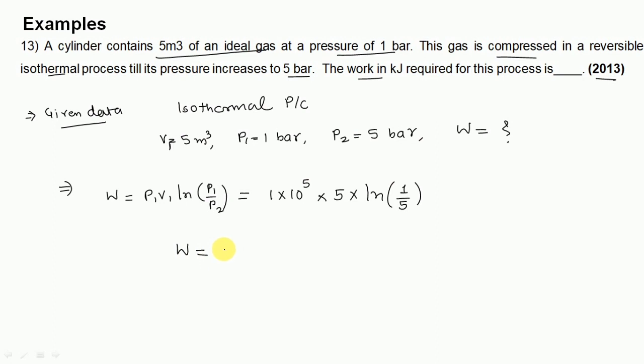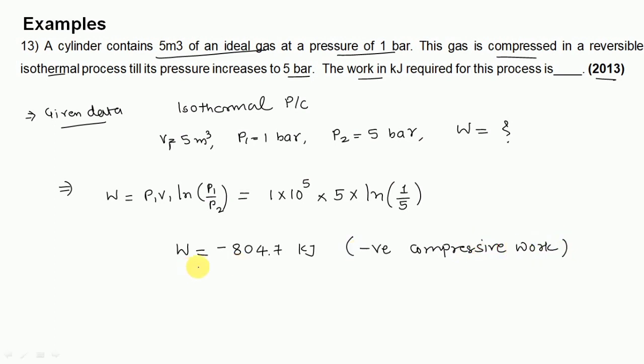You get the value of W equal to minus 804.7 kilojoule. The negative sign means that it is compressive work, because compression is carried out. That's why it is a negative sign.